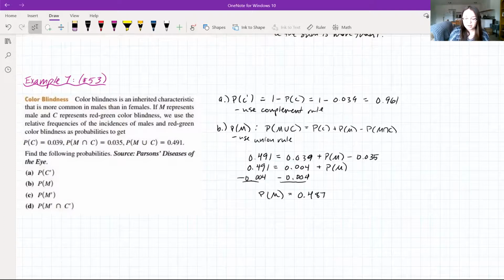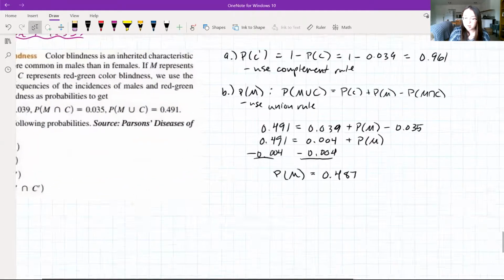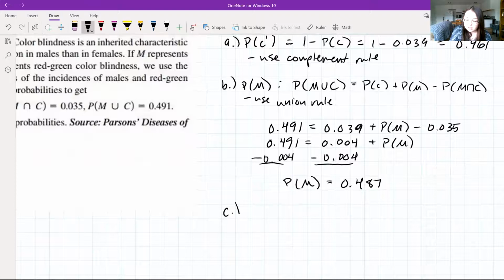Now we want our probability of M prime, or the complement of M. And now, since we have our probability of M, it's really easy for us to find the probability of M prime, because we can just use the complement rule. So we'll say, use complement rule.